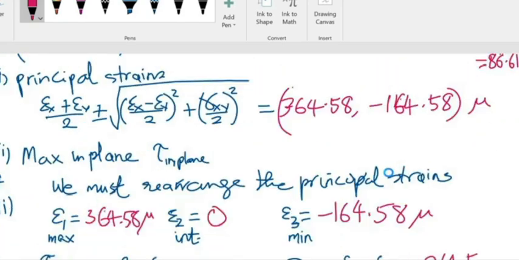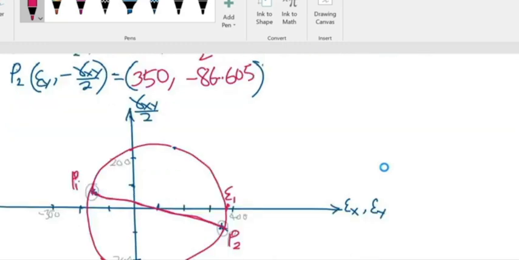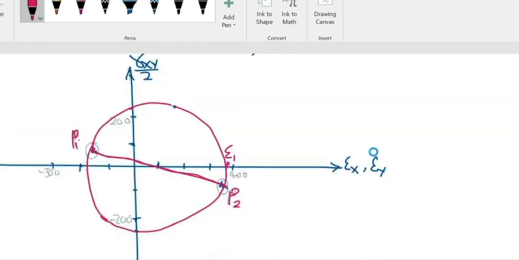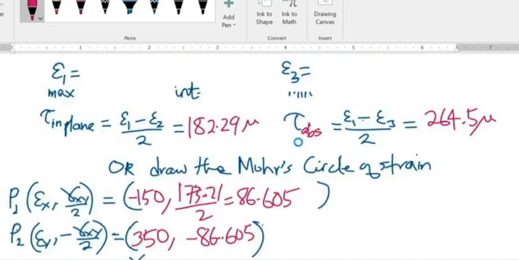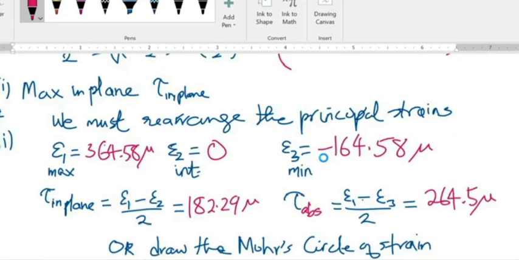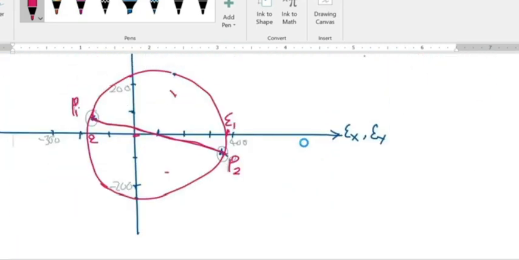It is minus 164. And so we can liken it to minus 164. Here is close to minus 200. So we're able to see that the second principal strain is negative, right? Which is the minimum. And this is E3. And then we'll have the intermediate, which we designated 0 to be E2.